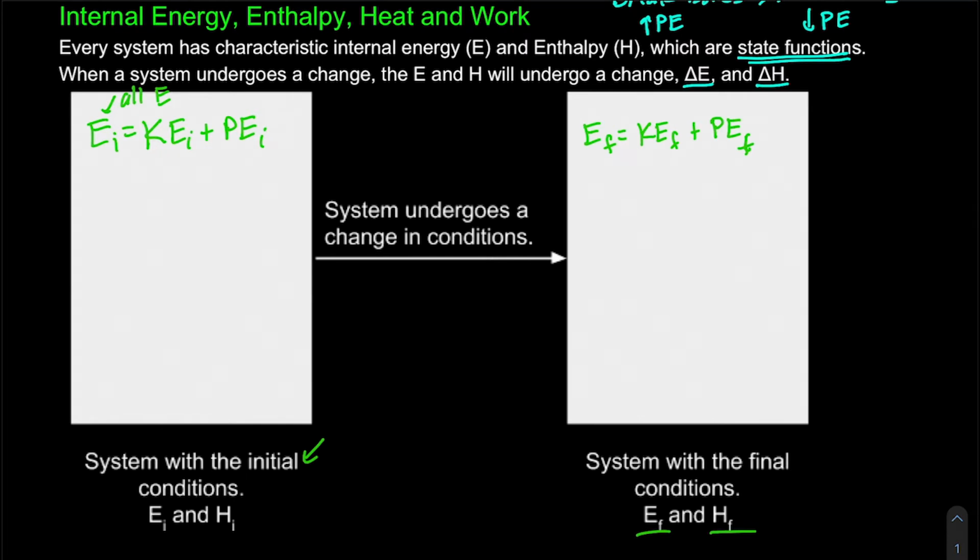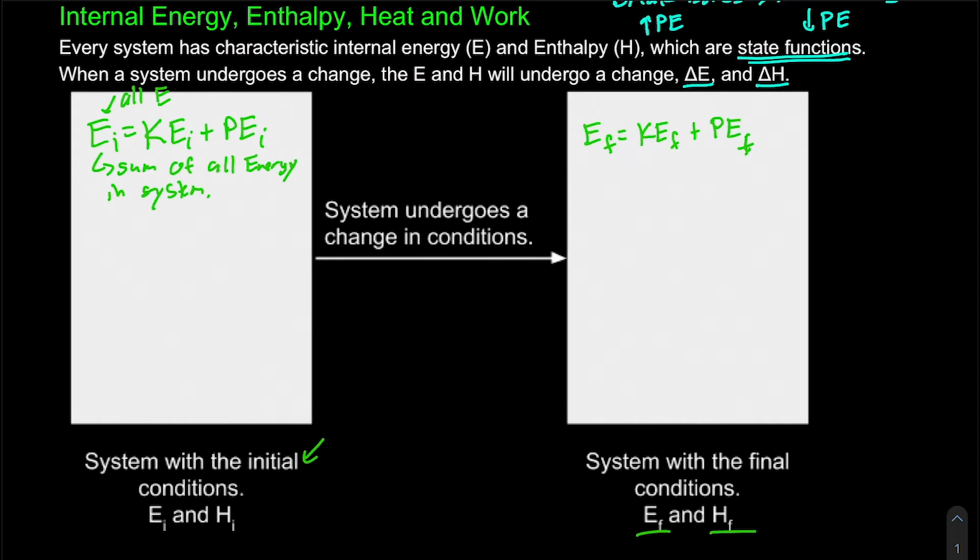Now, one important thing when we're talking about our internal energy, as we're looking at this, is the sum of all the energy in that system. So this could be from bonds, this could be from molecules moving around, whatever it would be. We can see that we have these differences in our kinetic energy and potential energy.